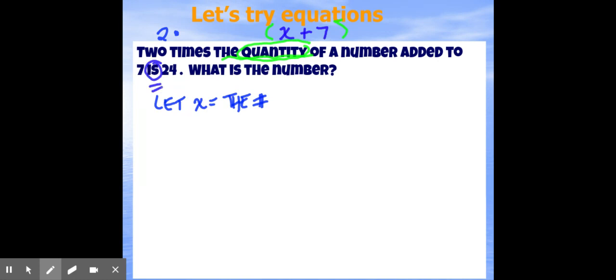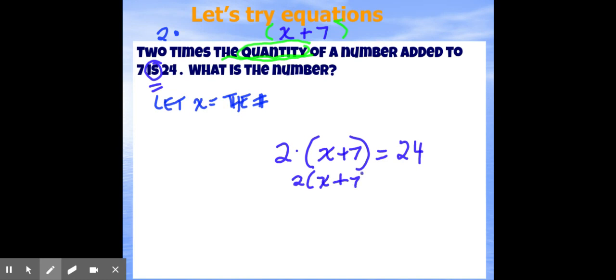All right, so now that we've kind of marked up our word problem part of it, let's try to write the equation. 2 times the quantity of our number plus 7 is 24. There you have it. And you're probably more familiar with it written like this, without that dot there, any multiplication sign.